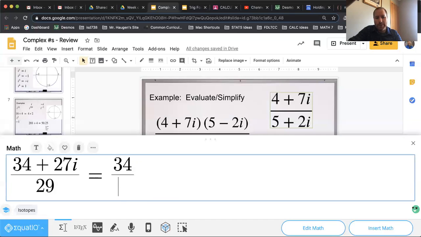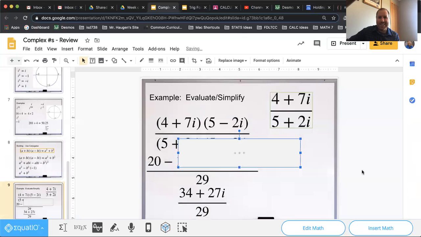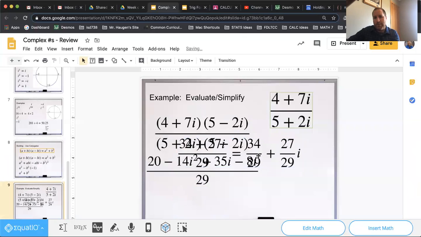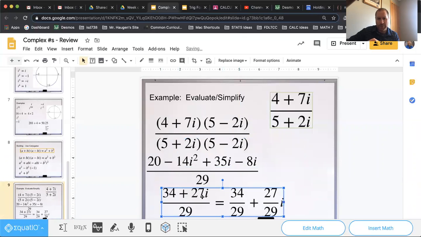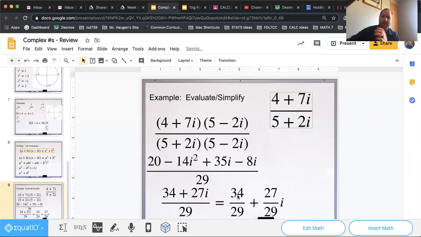If I want to put this in form of a plus bi, well, what we would do is we would separate that denominator there. And now it's a plus bi, right? So it's the exact same thing. There's not a whole lot going on in there. It's just separating that, so there's just the stuff that has no i value in it, and then the stuff that does have i value. So if you see that in the instructions, that's what that means. It just means separate those two things out there.